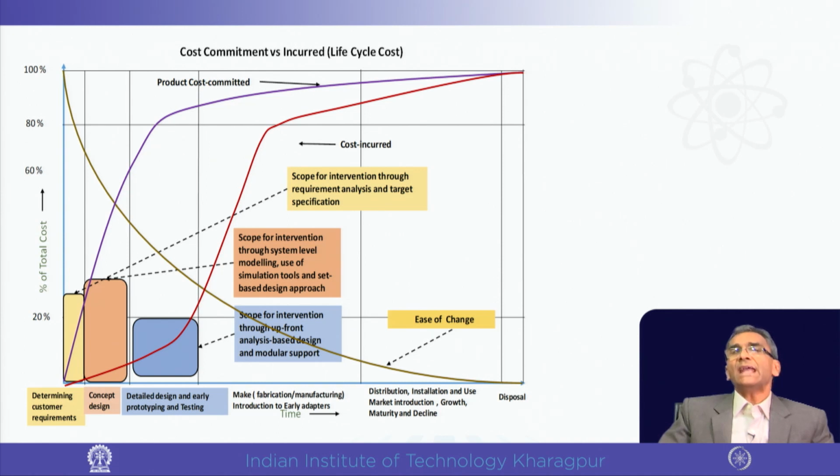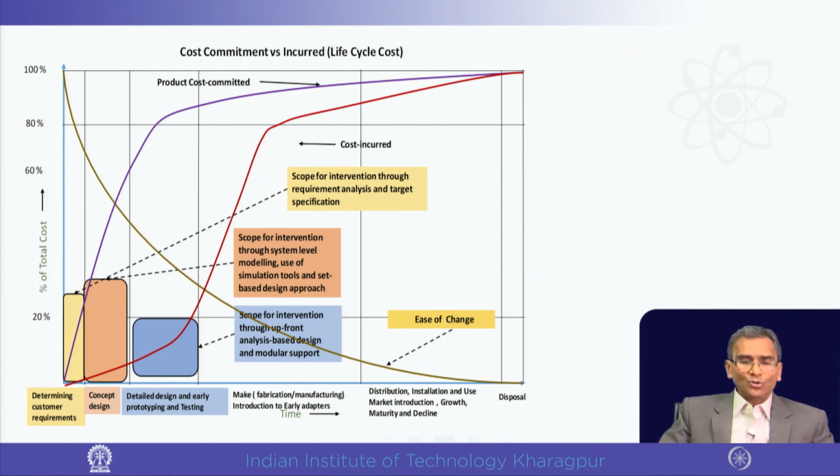You can see 80% of the cost is committed but really not spent; very minimal, say 10-15% cost is spent only before the development phase. But as soon as development begins, huge expenses happen. So, that is the consideration which would bring us to this.